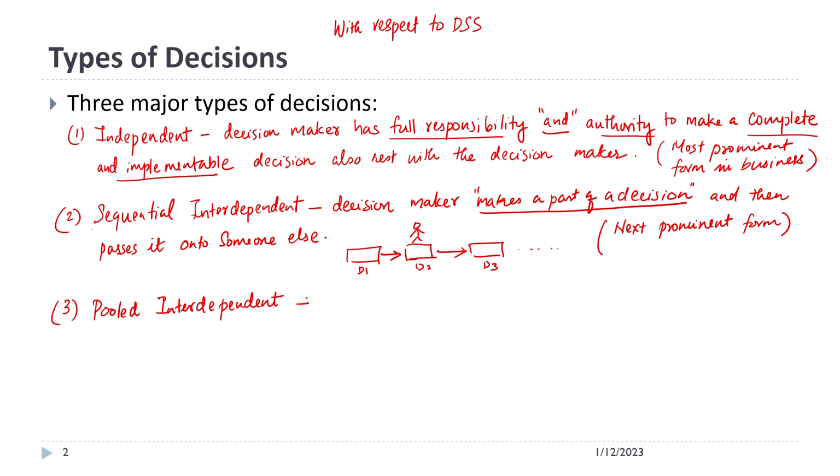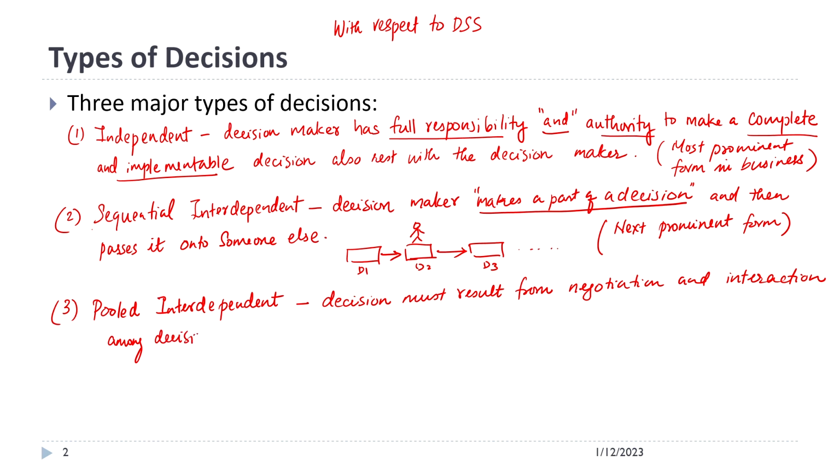So, the first one is independent, then sequential interdependent, then comes the pooled interdependent decision, where the decision must result from negotiation and interaction among decision makers. The critical words are negotiation and interaction.